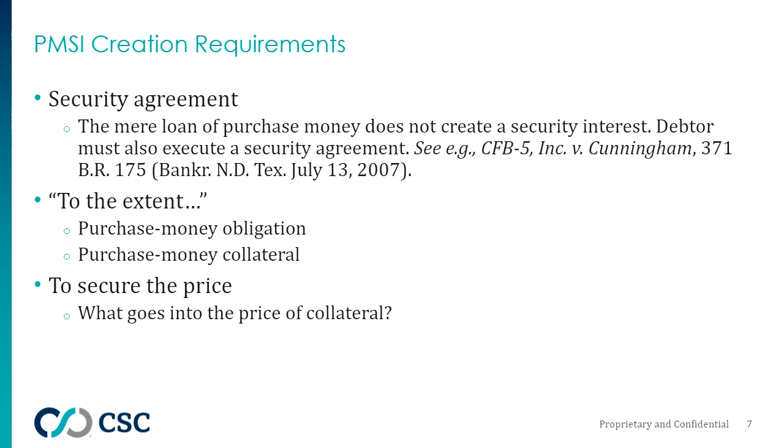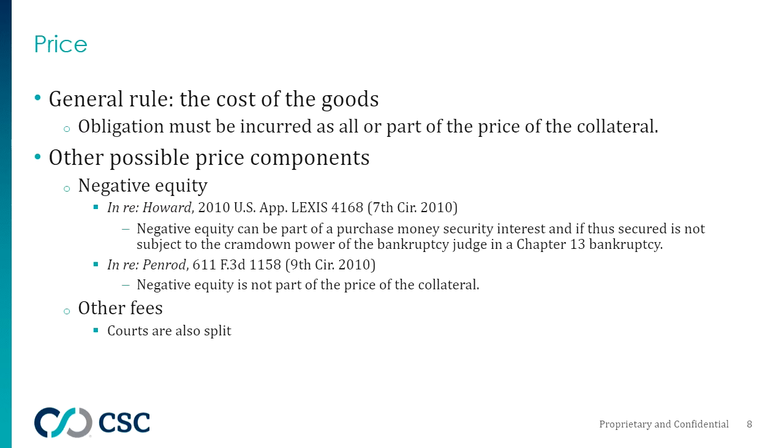Well, the courts have answered that for us. Generally, it's the cost of the goods. That means the purchase price of the goods, right? But there could be other components as well. For example, negative equity. Oftentimes in a purchase money security interest, somebody is acquiring equipment and they might be trading in old equipment. And if they owe more on that equipment than its fair market value, in order to trade it in, they may have to finance that negative equity.